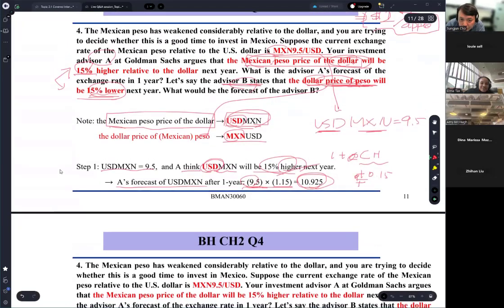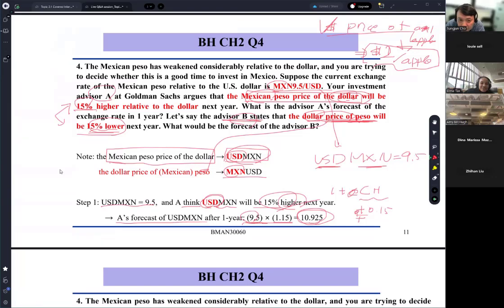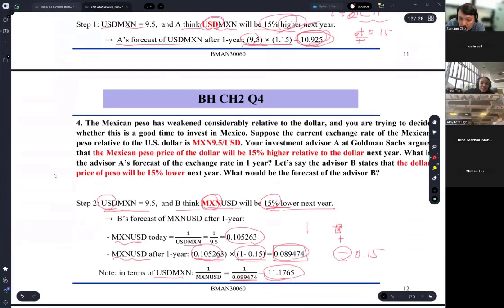So compared with A's forecast, where the dollar will appreciate by 15%, we get 10.925. Now, if the peso will depreciate by 15%, that means USD/MXN is actually 11.1765, two different numbers, right? So it appears that they are saying the same thing, but it's not. So we have to be careful.